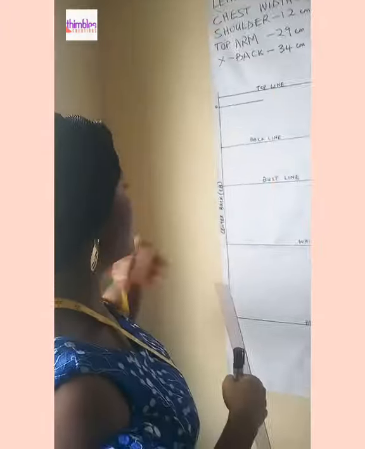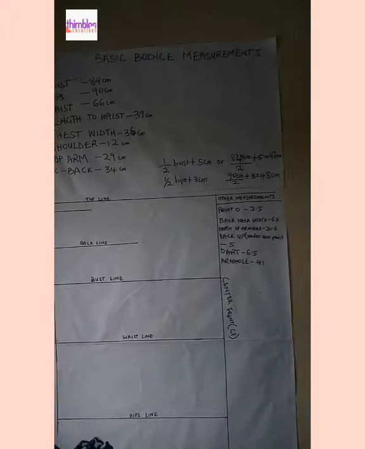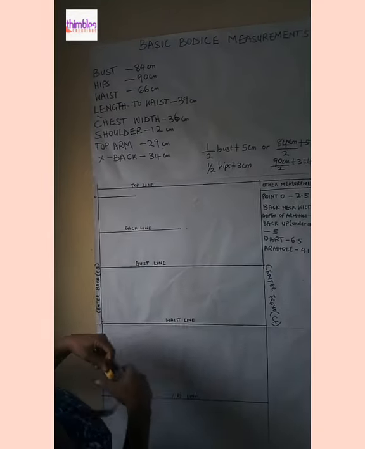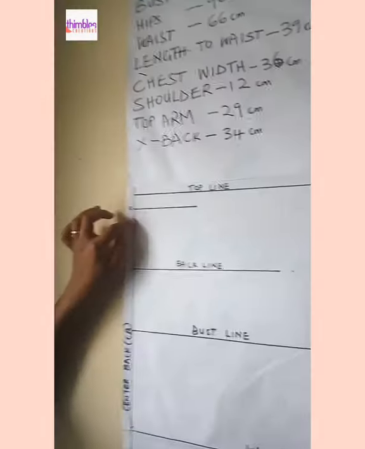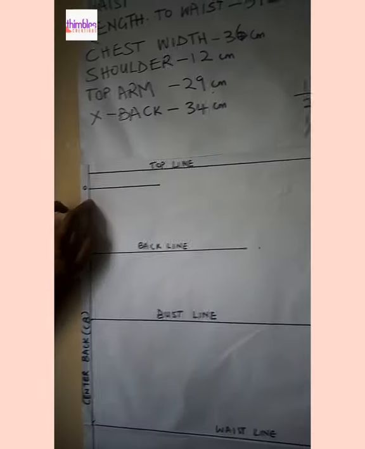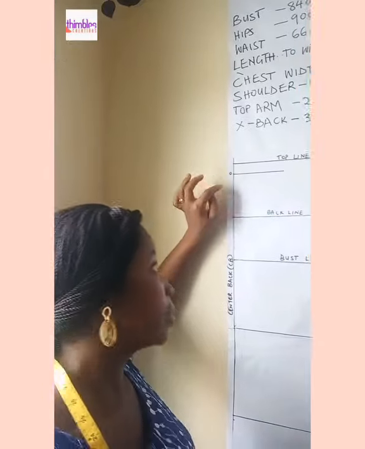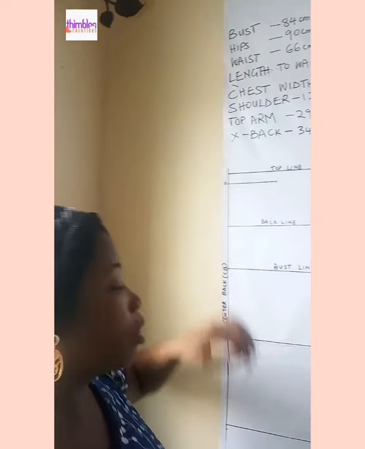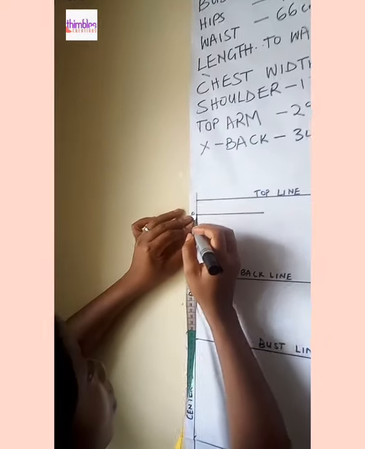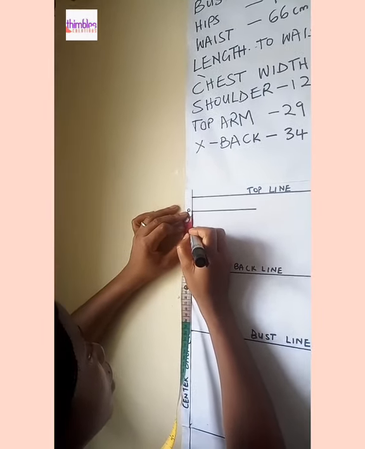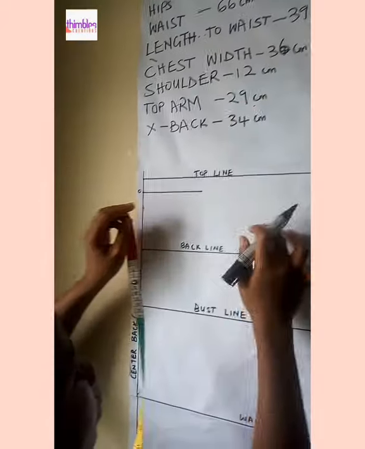After that, our shoulder line is gotten 3 centimeters below point O. This is a constant for every size. So I take it 3 centimeters. This is 3. I'm going to draw the line first.